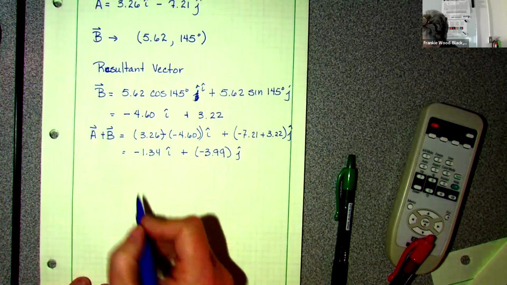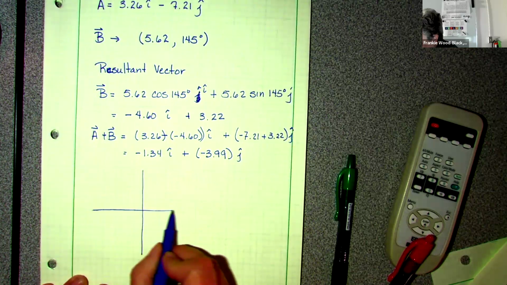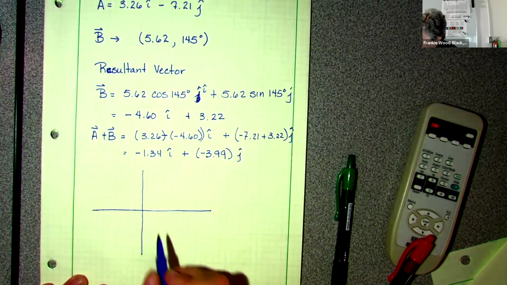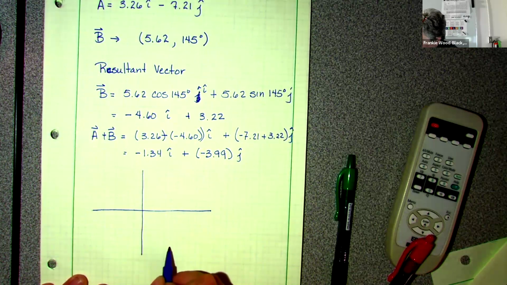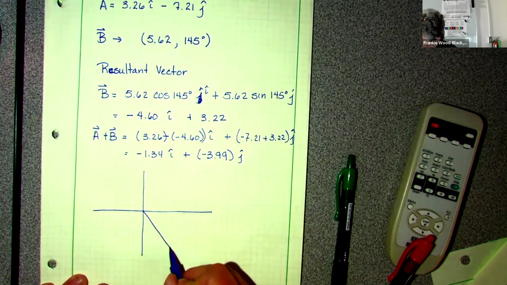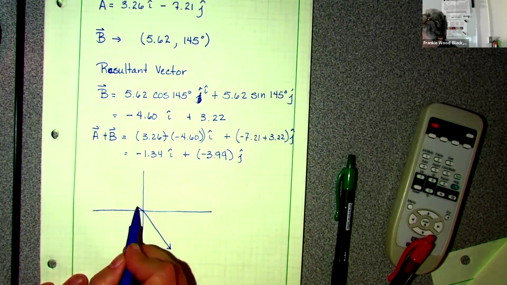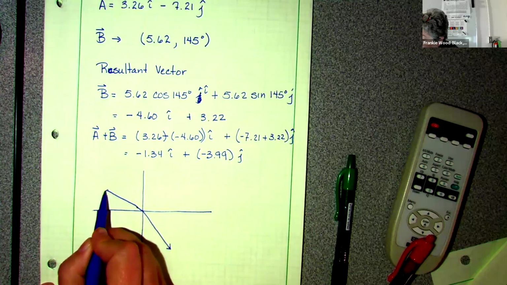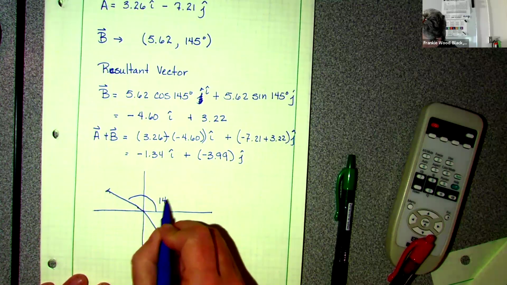But let's plot this out and see what we're doing. So this first vector, my vector A, was a positive 3.26, but it was a negative 7. So my first vector looked like this. My second vector looked like this, because that's my 145 degrees.